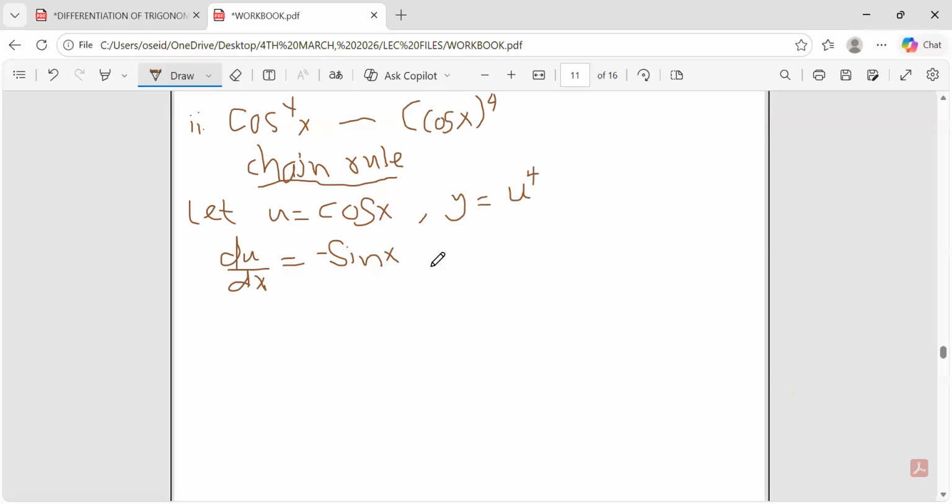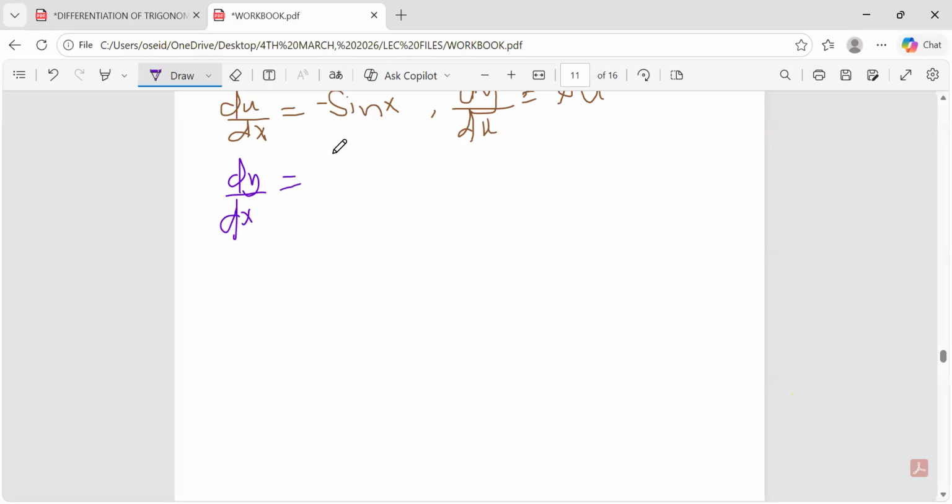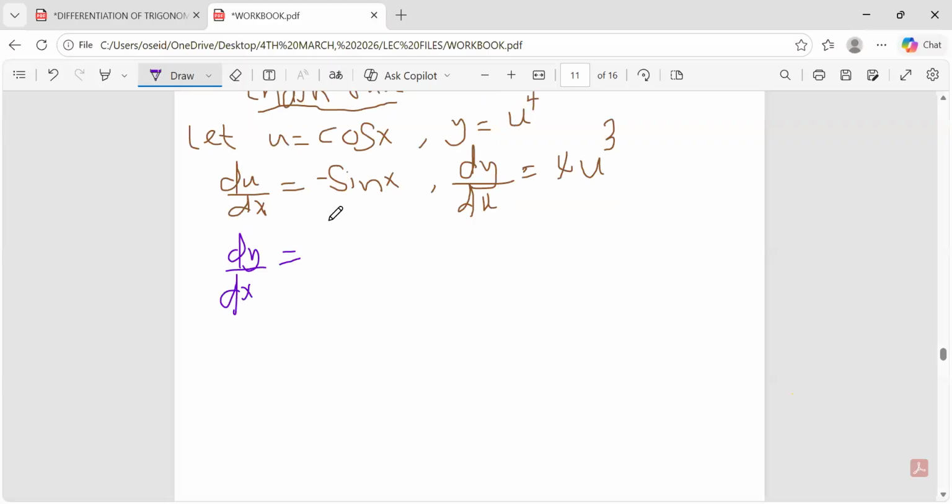All right. Then dy du will give us 4u exponent 3. Then the formula for the chain rule says that we multiply the dy du by the du dx. So dy dx equals, what did we get for the du dx?